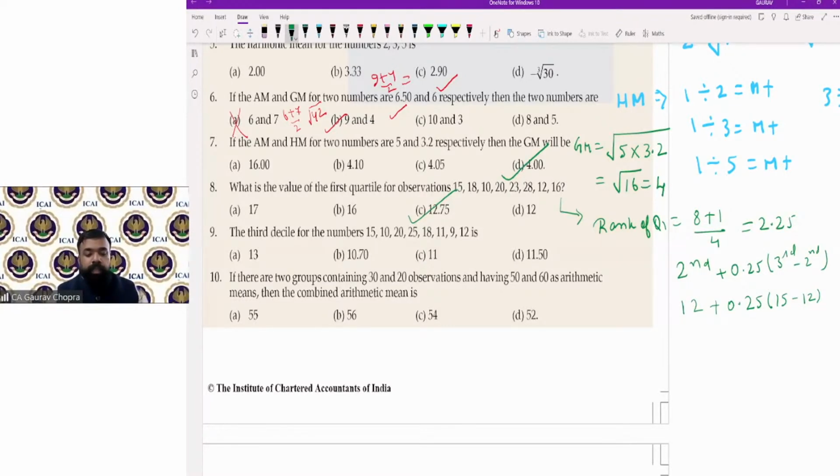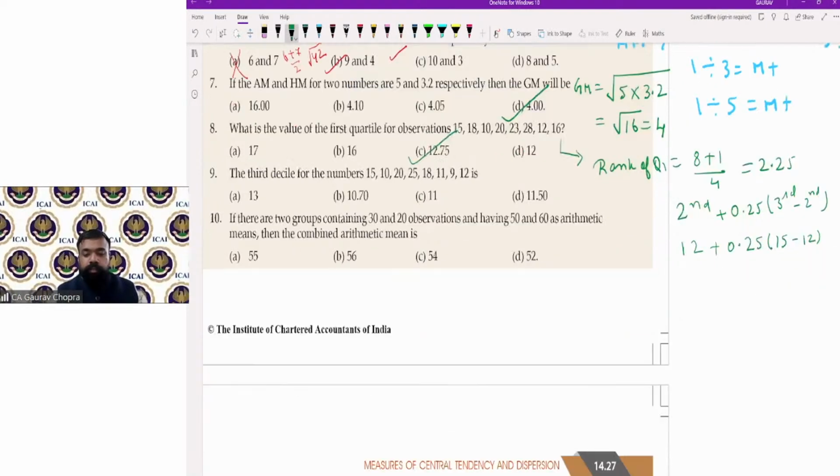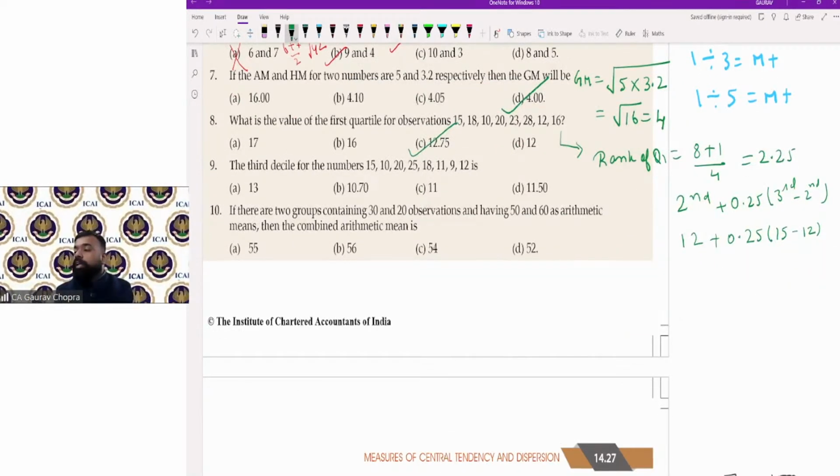Now, third decile in question number 9. Third decile, D3. So again, steps are same. Arrange the series first and find rank of D3.